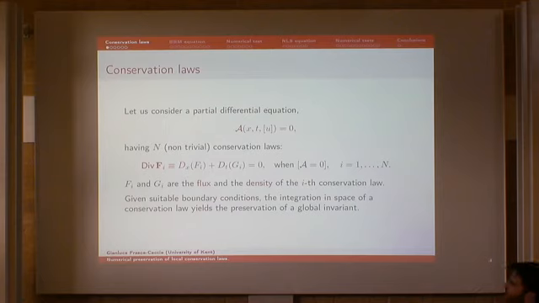And of course, if you have suitable conservative boundary conditions, you can integrate here in space. This term will vanish because of your boundary condition. And the conservation law implies the conservation of also some global invariants. It is very well known that when you have a numerical scheme that preserves a global invariant, that gives some more robustness and reliability to your scheme.